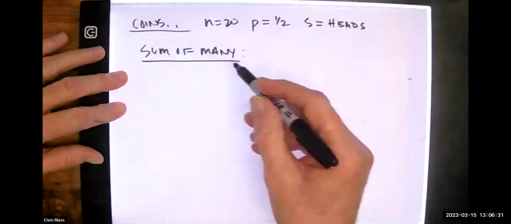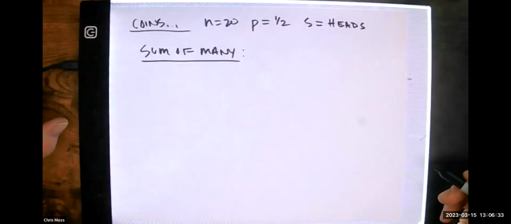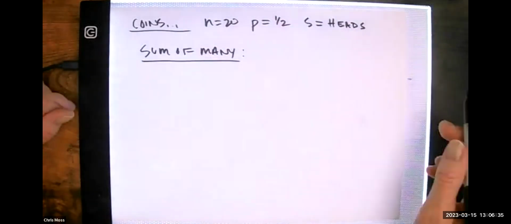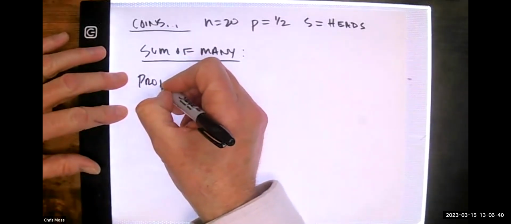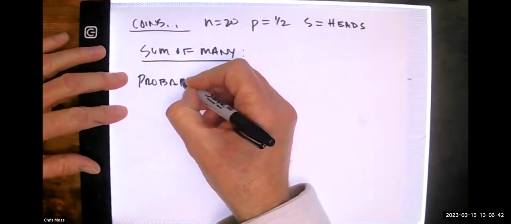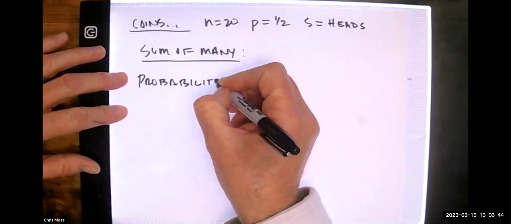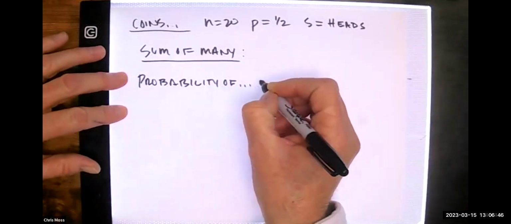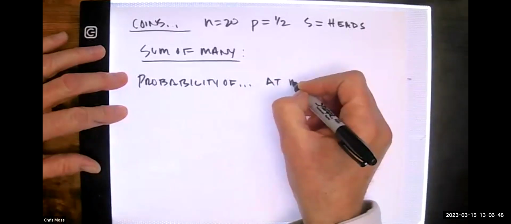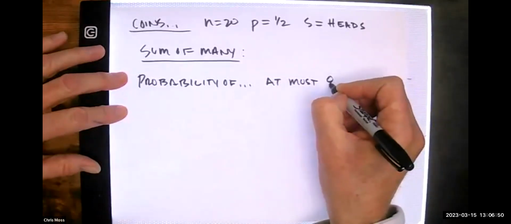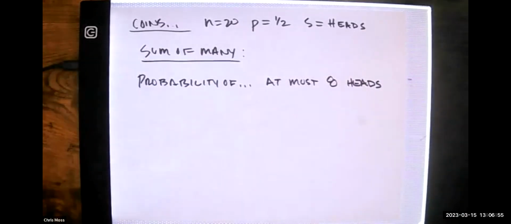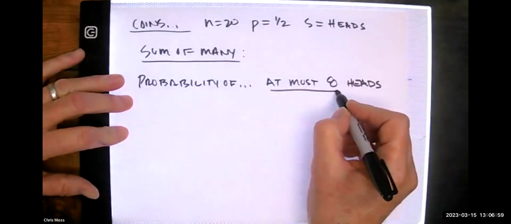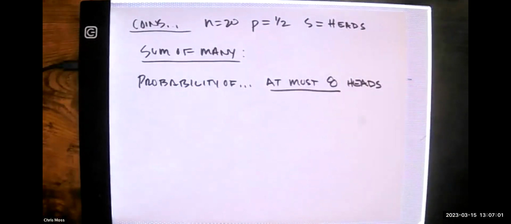And in that notion here of the 20 coin flips, we want to find the probability of at most 8 heads.